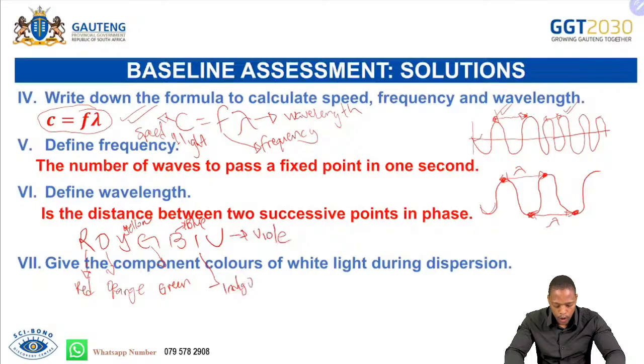Each and every one of us should be able to remember these component colors of white light during dispersion. So let us go straight to our lesson and start the lesson with this knowledge in mind, grade 12.